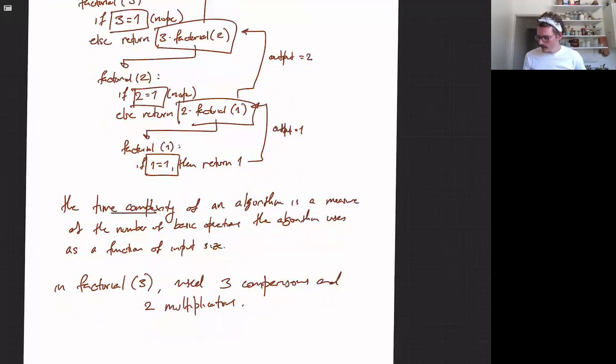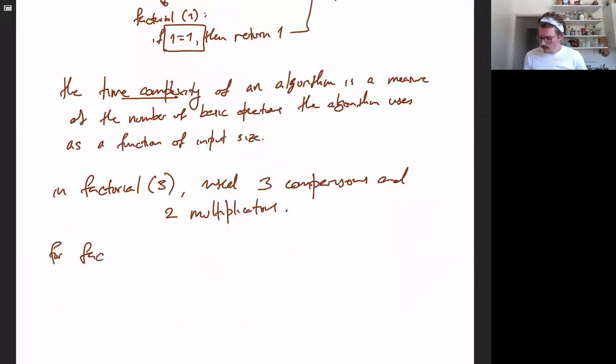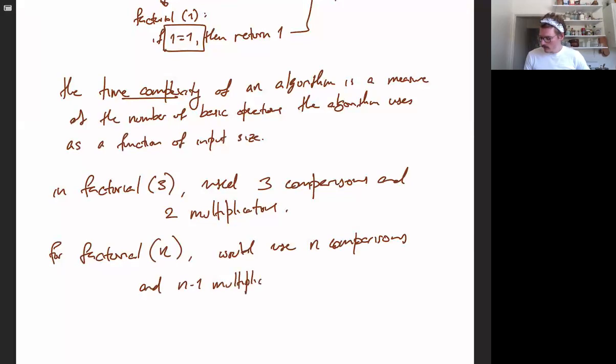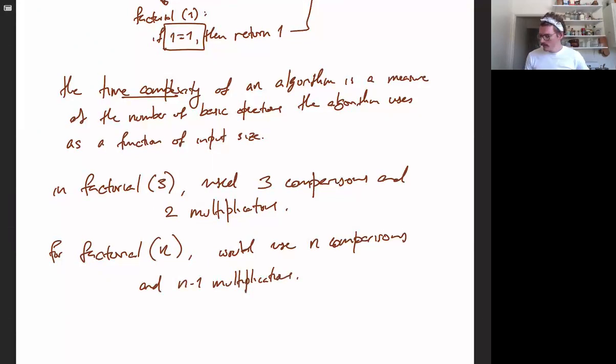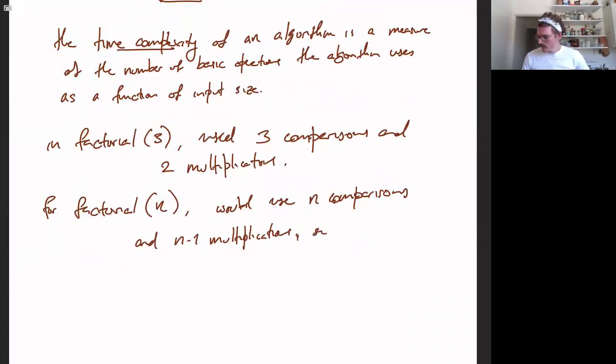And if you plug in some number n, basically, if you think about that pattern, it will use n comparisons and n minus 1 multiplications, for a total of 2n minus 1 basic operations.